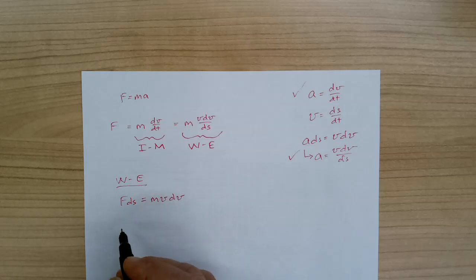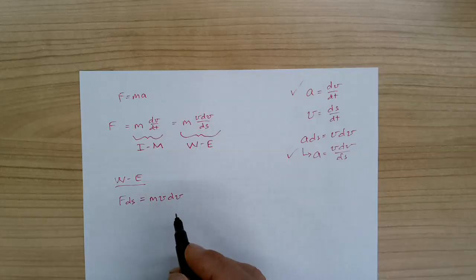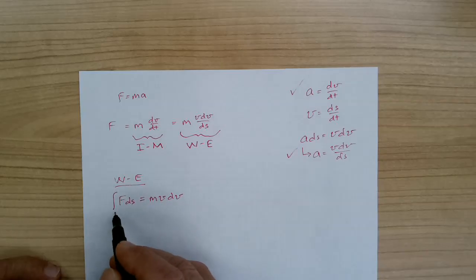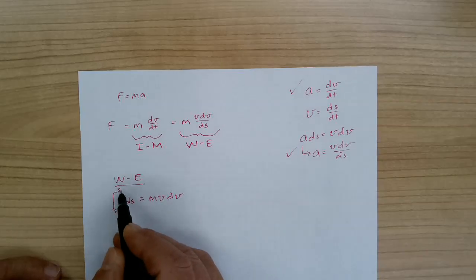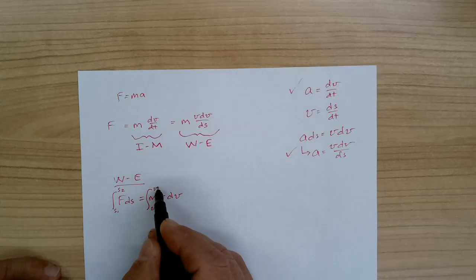And if I integrate both sides, that's from S1 to S2, and I'll integrate both sides here, and that's dv, so it's from v1 to v2.